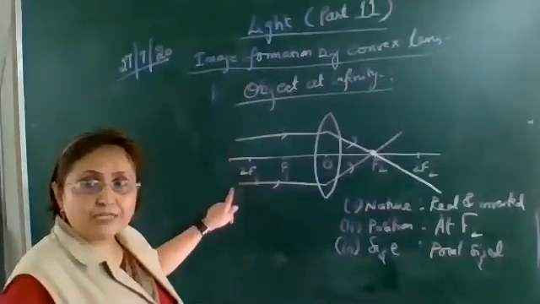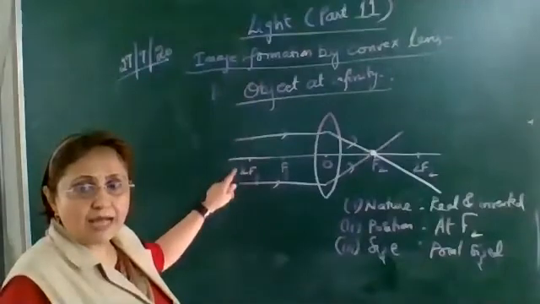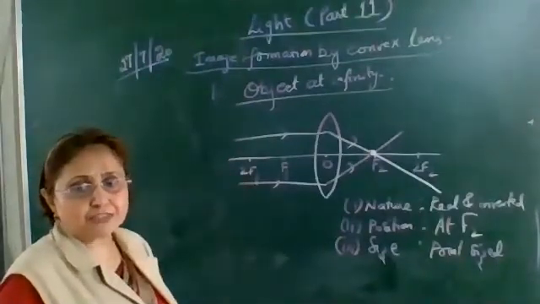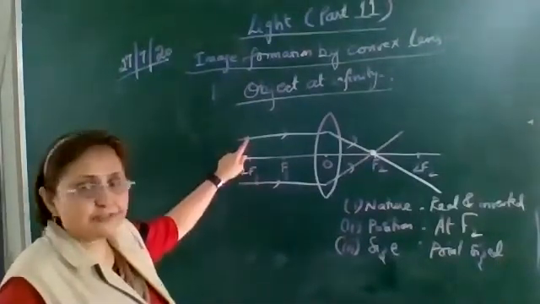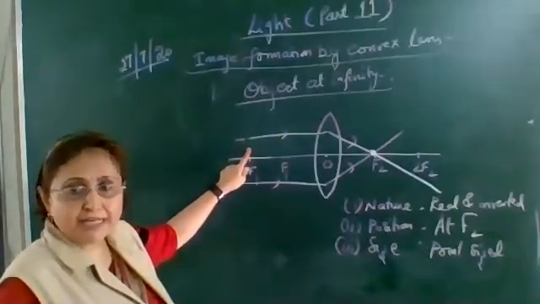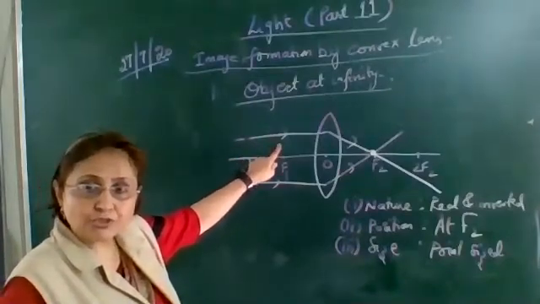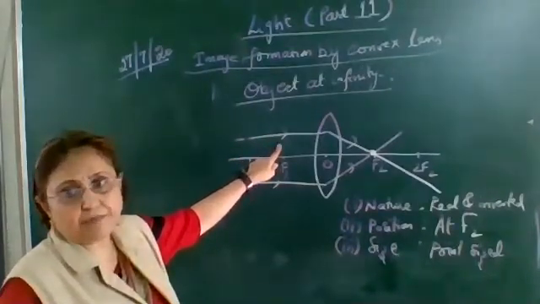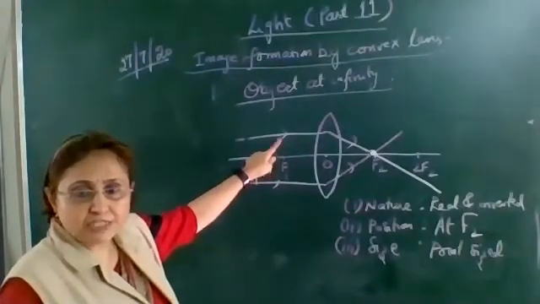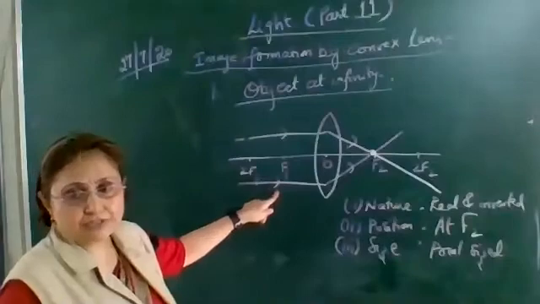Okay, now draw the incident rays parallel to each other as well as parallel to the principal axis. Okay, now these diagrams we call ray diagrams. Ray diagrams means rays. How will you show the rays? Arrows are very important. These arrows show that these are the incident rays, traveling towards the lens.